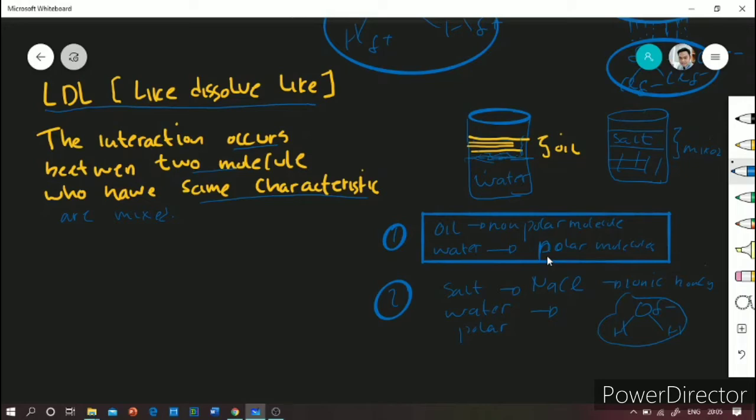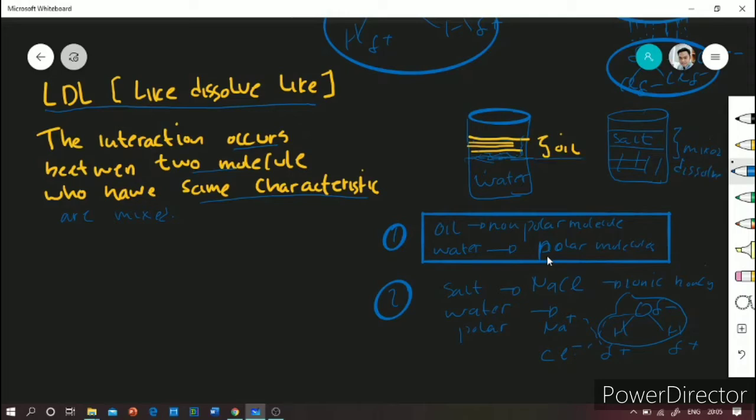This is partially negative, this is partially positive. With NaCl, you have positive Na and negative Cl. They are charged, positive and negative, so they will be able to interact. That's why salt will dissolve in water.